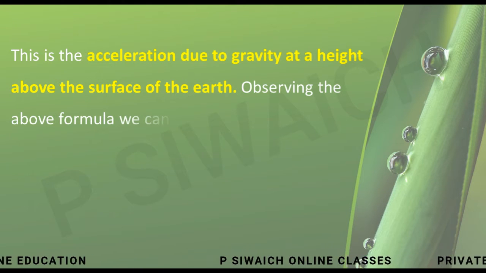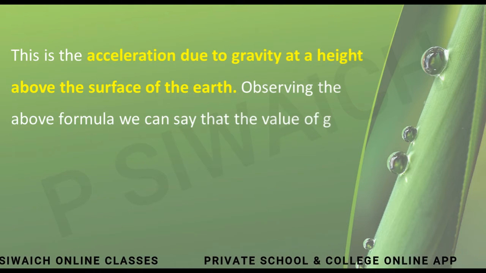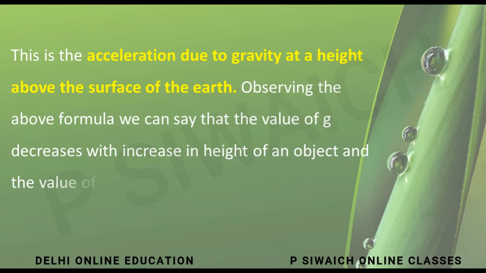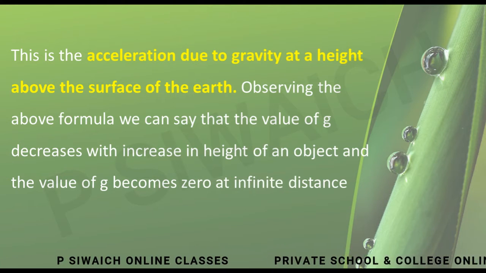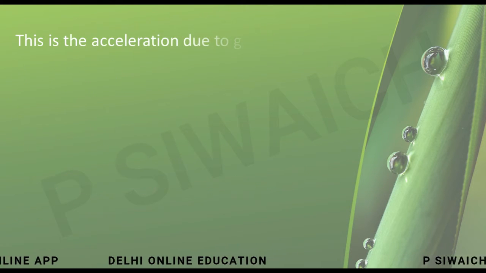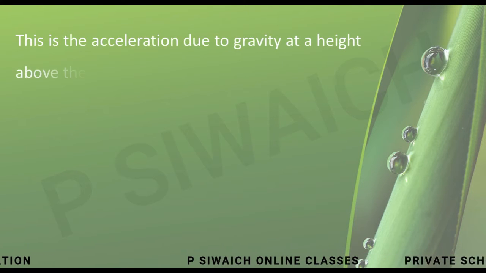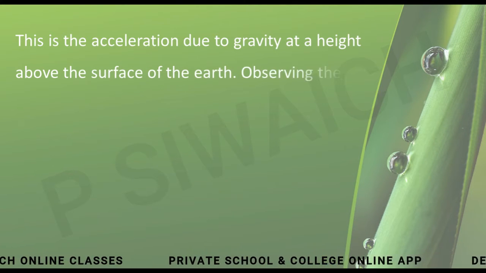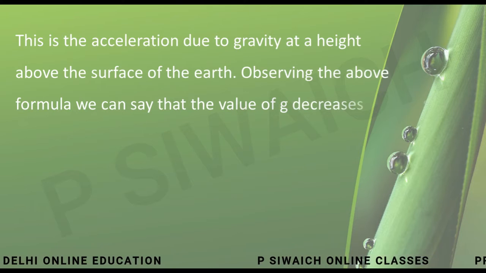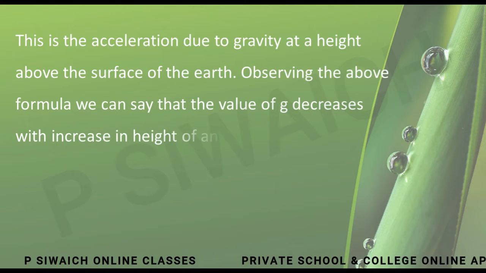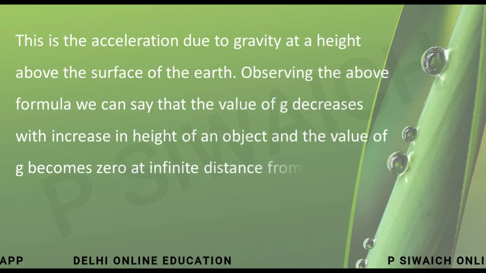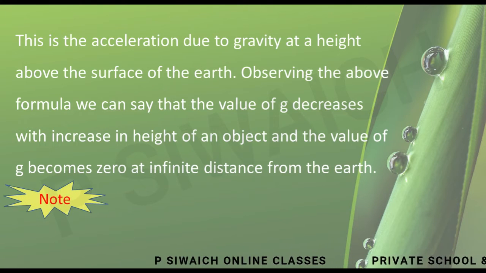Observing the above formula, we can say that the value of g decreases with increase in height of an object, and the value of g becomes 0 at infinite distance from the Earth.